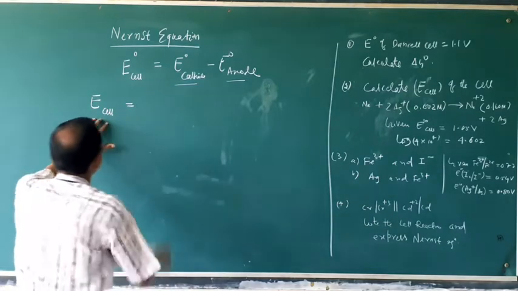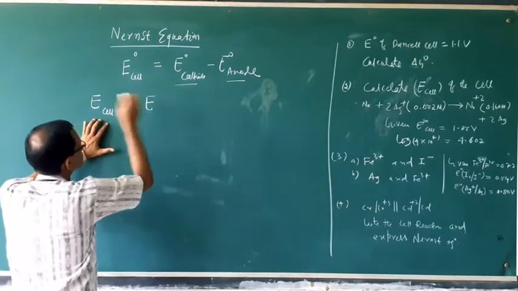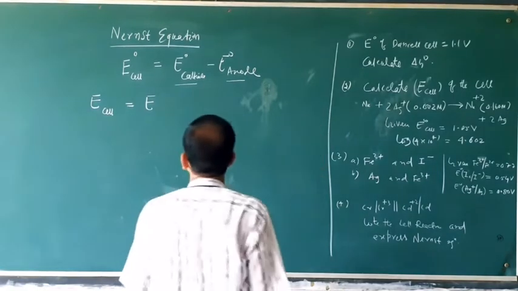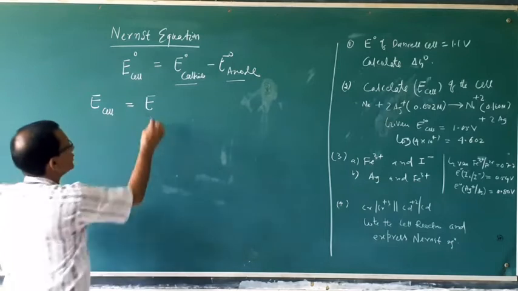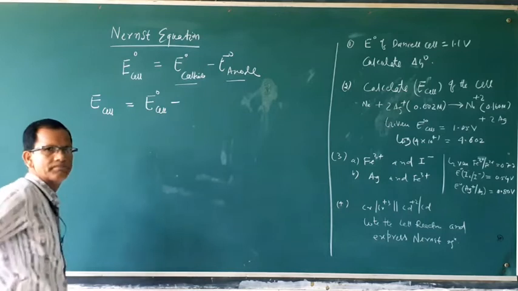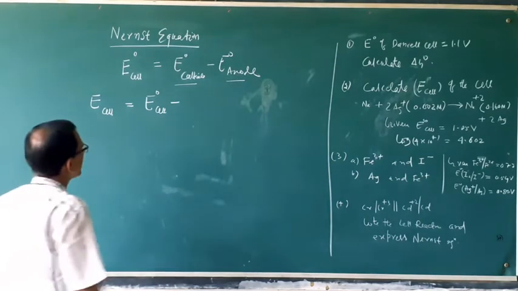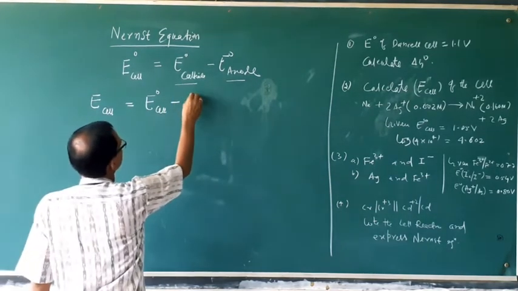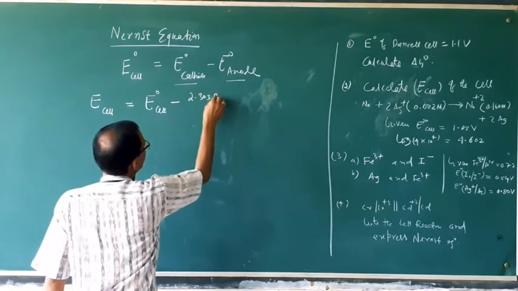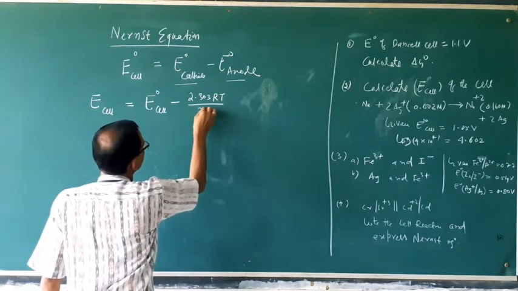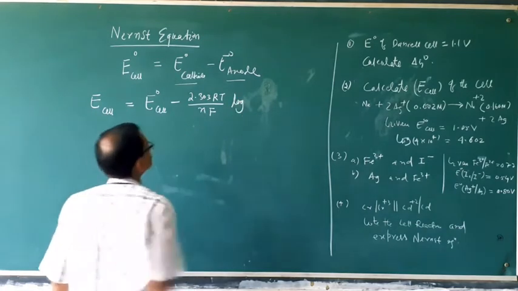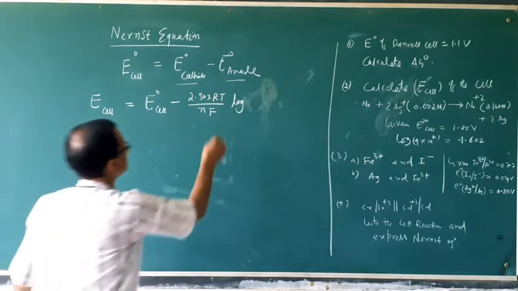E of cell is equal to, for example, E cell is equal to E naught cell minus 2.303 RT by nF log Kc.